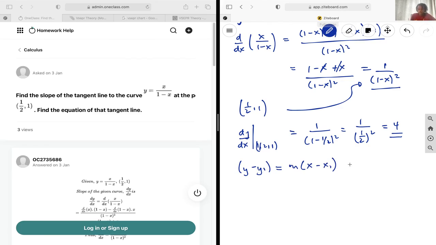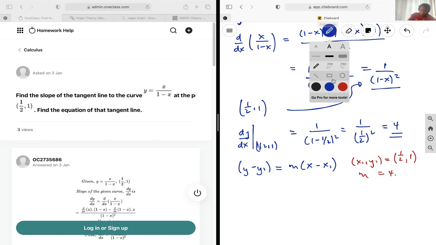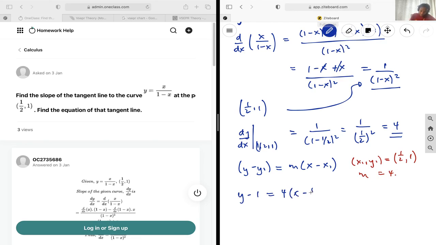Okay, and so we have the point (x1, y1) is (1/2, 1), and m is equal to 4. So we're just going to want to put all of those values back into this equation. And it becomes y minus 1 is equal to 4 times (x minus 1/2).